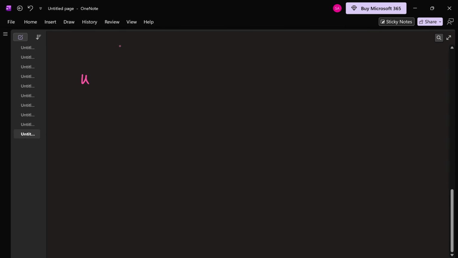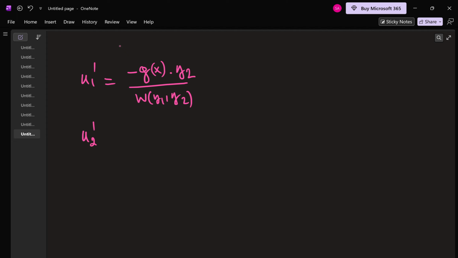We have here u1 prime equal to minus g of x times y2 over the Wronskian of y1 and y2, and u2 prime equal to g of x times y1 over the Wronskian of y1 and y2.